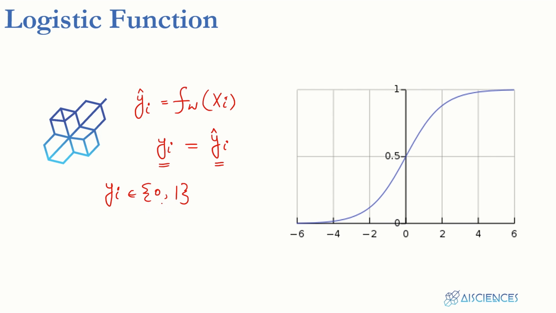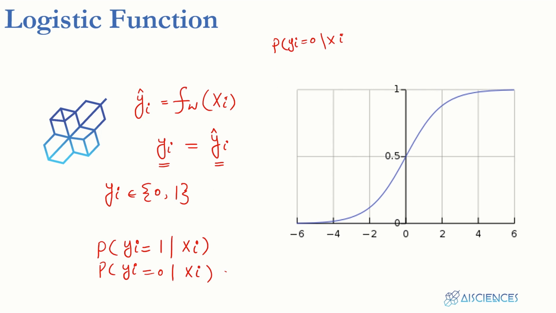In that case, one may come up with estimating, for example, the probability that yi is equal to 1 given xi, or maybe the probability that yi is equal to 0 given xi. These probabilities may be more plausible, or if we have only two classes, then we may define the probability of yi being 0 given xi as 1 minus the probability that yi is equal to 1 given xi.